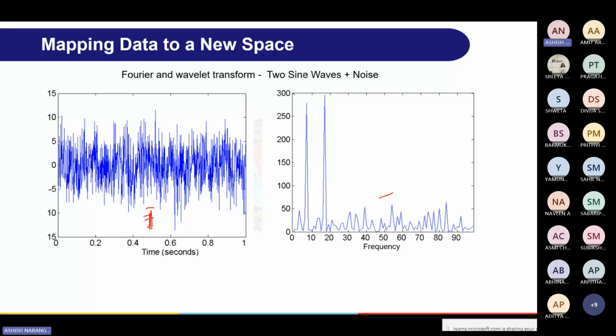And when we do the transformations, we get these sine waves with some noise separated out. So we are able to map the data to a new space. You see the scalings are different. Here we have 15, 10, 5, 0, 5, 10, 15, and here we have 0, 50, 100, and so on, and then we have plotted against it.